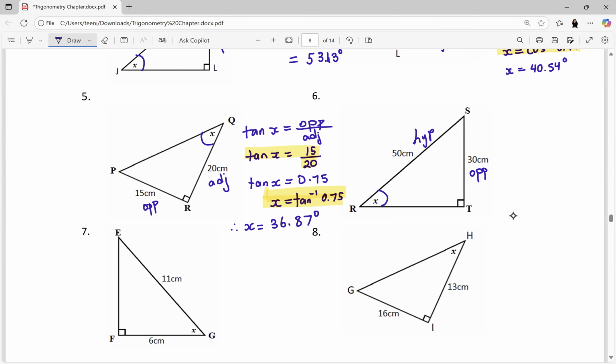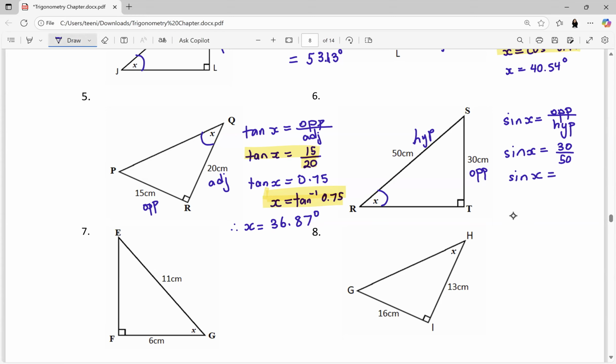Sine. That's right. So we'll write sine of x is equal to opposite over hypotenuse, just so that we recall it. So sine x is equal to what over what? 30 over 50. That's right, 30 over 50, so on your calculator, check what is 30 divided by 50. Tell me what it is.